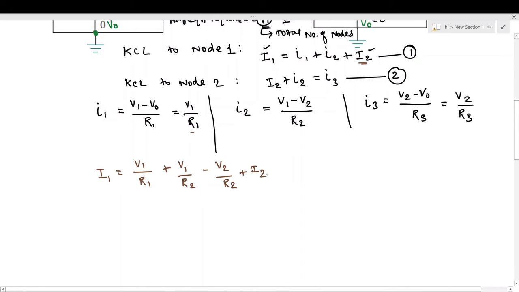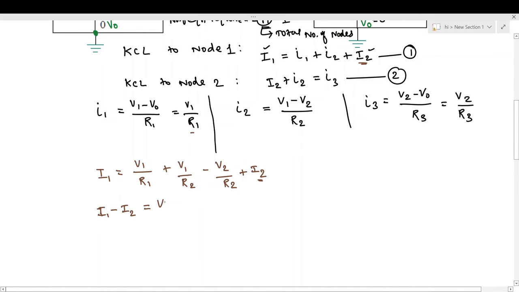Now on simplification, we can take the I2 term to the left hand side, so the equation will become capital I1 minus capital I2, and we will group the values of V1 and V2.